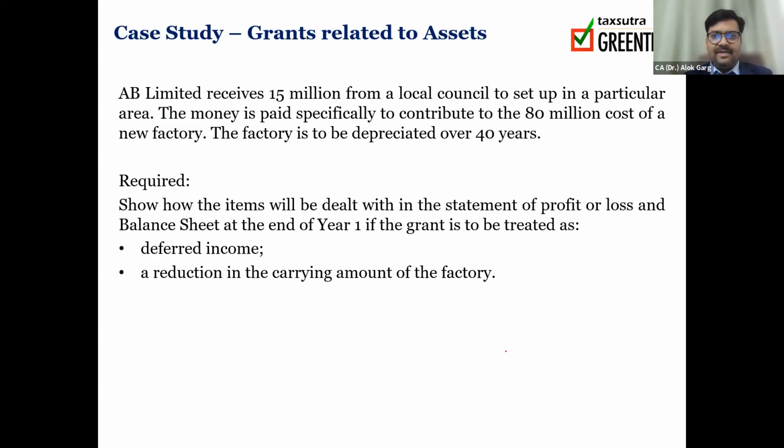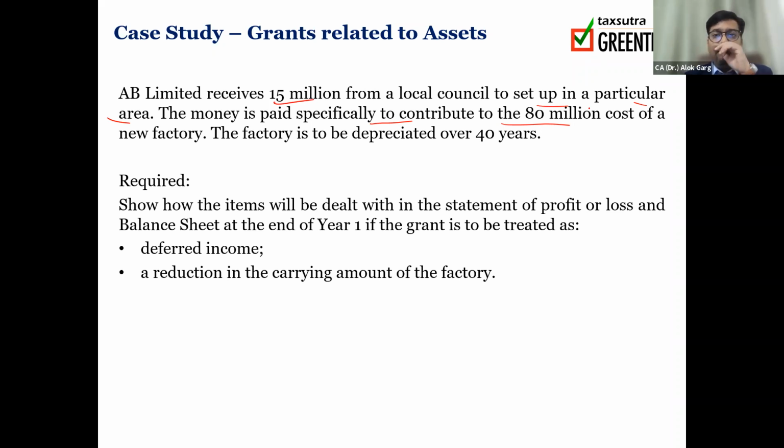Quickly, we will do this case study. Government grant related to asset. AB Limited receives 15 million from a local council to set up in a particular area. So 15 million, 1.5 crore government grant has been received. The money is paid specifically to contribute to the 80 million cost of a new factory. Why is the government giving this grant?